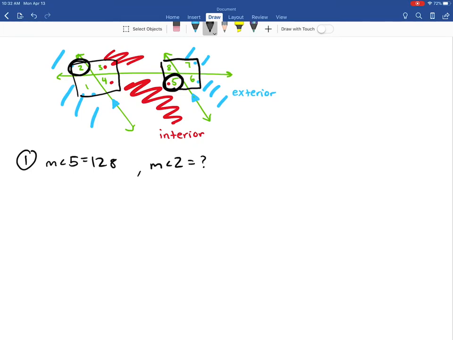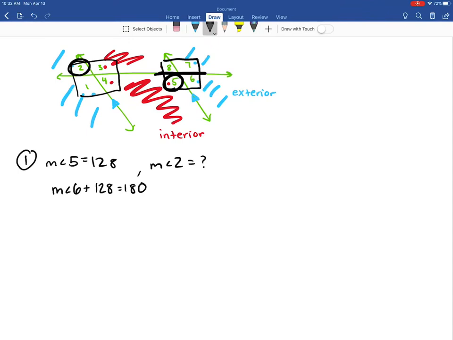Well, I can relate angle 5 and angle 6. If I look at angle 5 and angle 6, they both make a straight line, which means they add up to 180. So if I say the measure of angle 6 plus 128 equals 180, I can solve for the measure of angle 6. That way, I can compare angle 6 and angle 2.